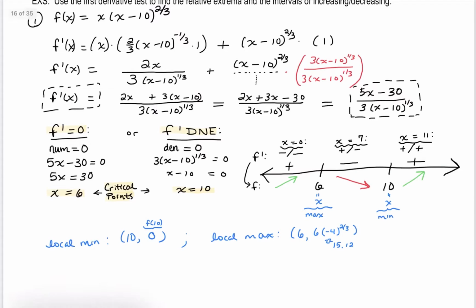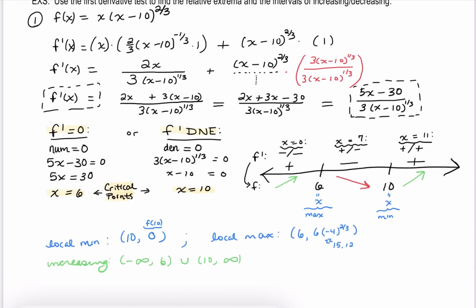And then we have some intervals here of increasing and decreasing to identify. So let's go ahead and write those out. So we are increasing on the interval from -infinity to 6, and then union 10 to infinity. And then lastly, we were decreasing in the interval from 6 to 10. You can either use the union or the comma.